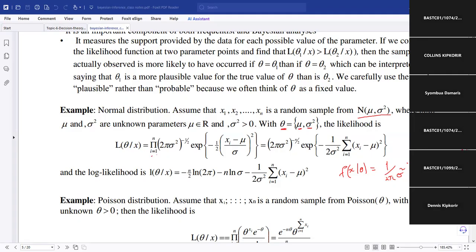Or you could have this as negative 1 over 2 sigma squared times (xi minus mu) squared. Now what we are doing is getting the product of this particular case from i equals 1 to n.